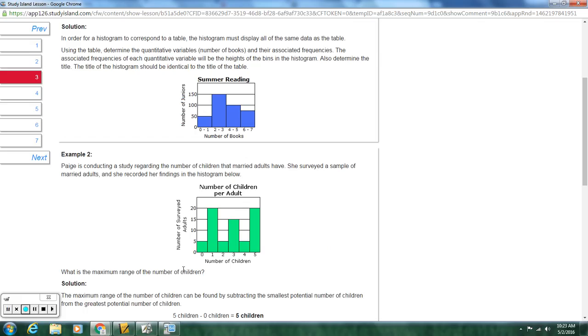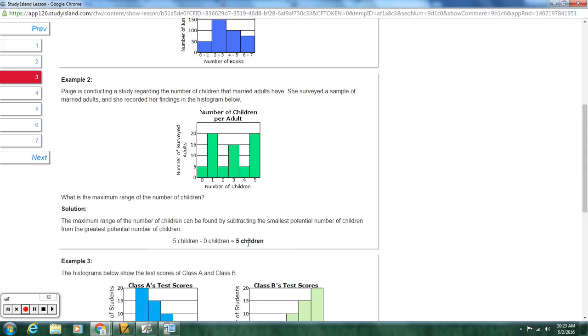Let's see. Right here. What's the maximum range of the number of children? Maximum range. Range means the high minus the low, right? What's the high? 20. What's the low? 5. So, the maximum range, the number of children, y'all just let me go right along. 20 to 5 is the number of surveyed adults.